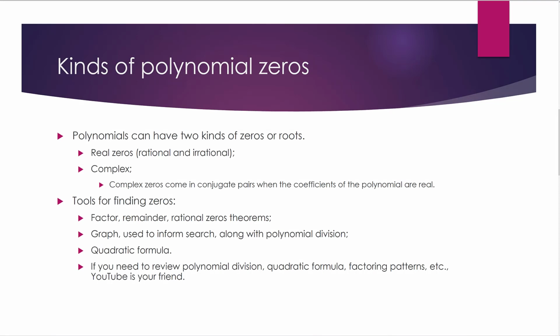Now, if you're paging through your text and you're looking at the various theorems that can be found in typical coverage of this material, you might notice that there's a lot more than the factor theorem and the remainder theorem and the rational zeros theorem. And so you might wonder to yourself, do I need to worry about those other theorems like Descartes' rule of signs or boundaries on roots or other things like that?